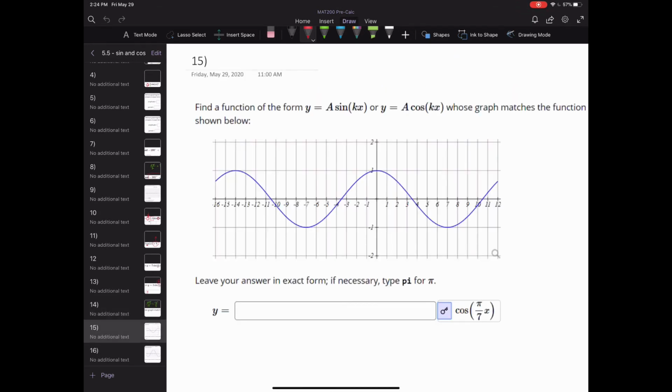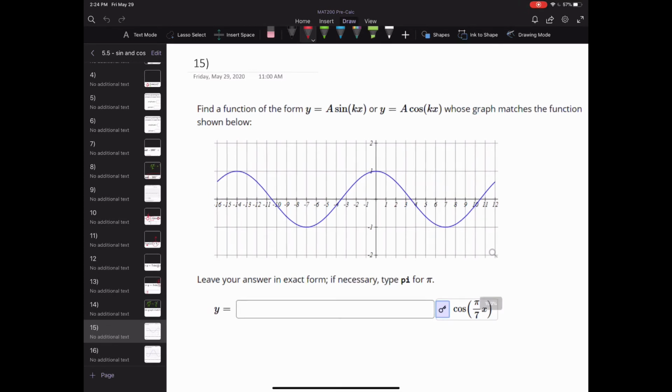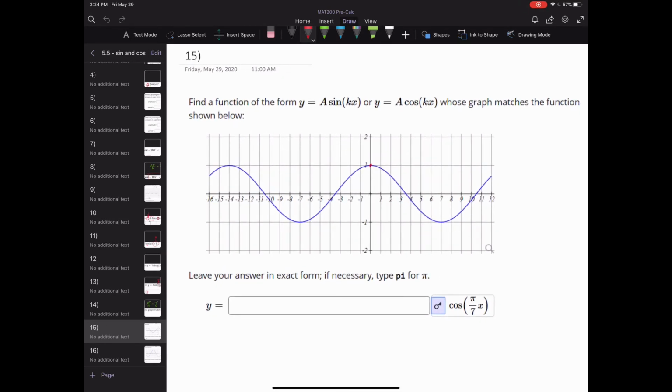Okay, same thing for this one. So let's see, it starts at 1, so we know that this is going to be a cosine. One full period happens right up to there, at 14 units.